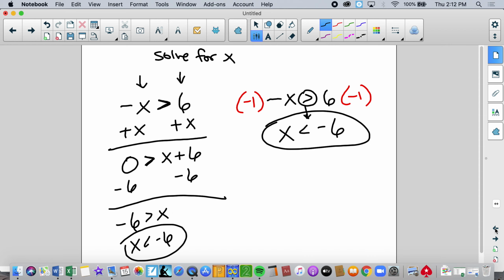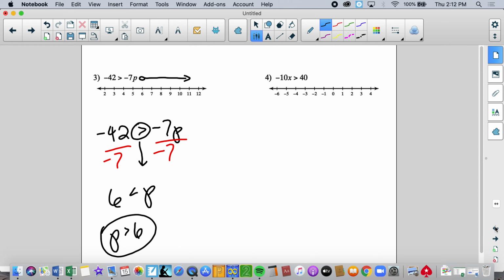So let's pause the video, try number 4. When you're ready, unpause it and we'll go through the explanation. Here's the problem. So negative 10 is multiplying x, so we will divide both sides by negative 10.